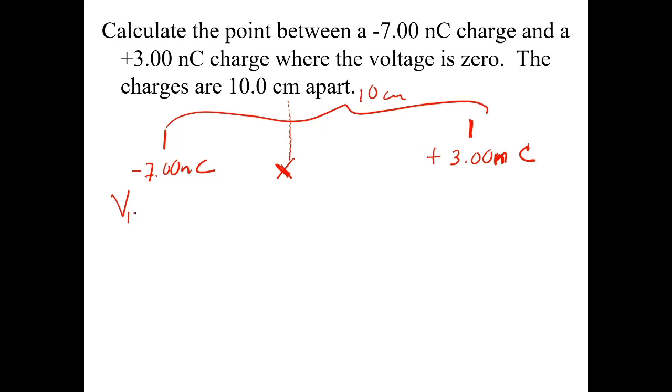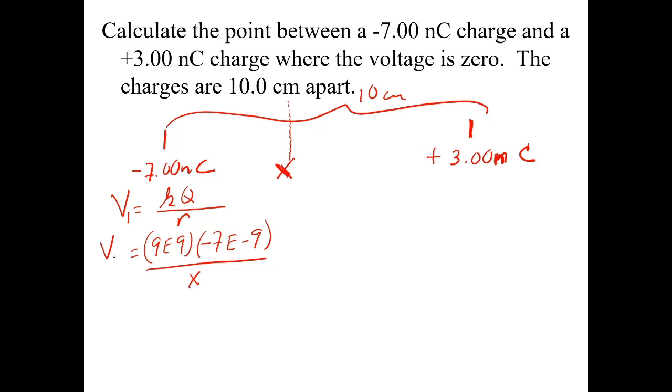Let's see what I can do here. Let's call this V1. KQ over R. So K is 9 times 10 to the 9th. Q is -7 times 10 to the -9th. Oh, that's going to be nice. And R is X. That's V1.